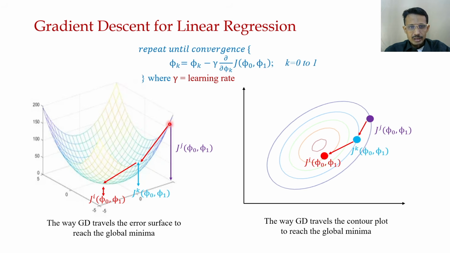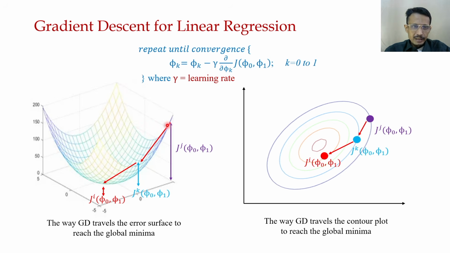Starting from here, the first step we get here, and then this position. In the corresponding contour plot, we start here, then come here. We keep on updating phi 0 and phi 1 so that this error is minimized.